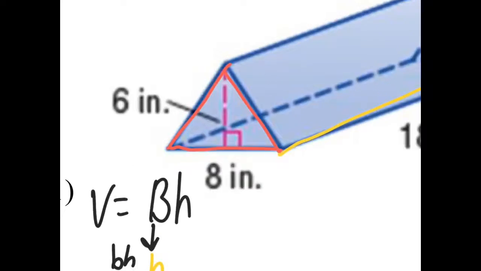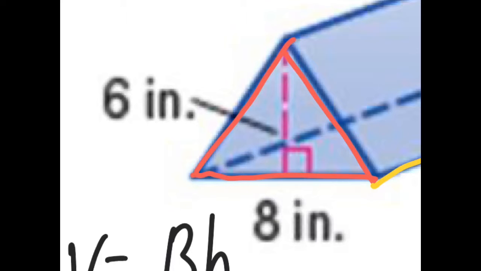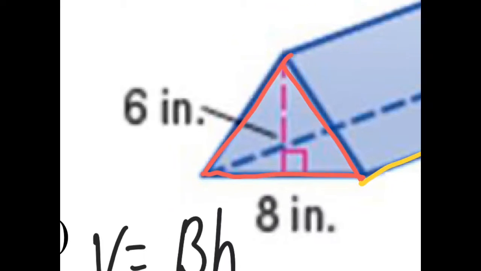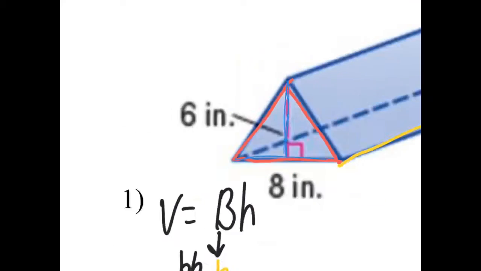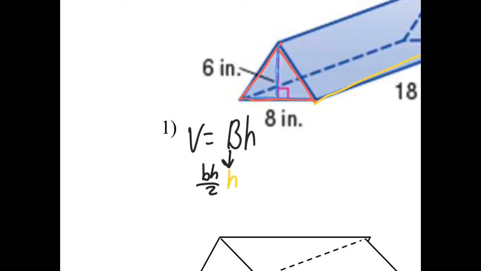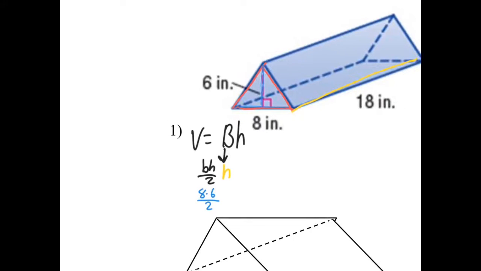Looking at just the triangle, our base is going to be 8 inches and our height for the triangle is going to be 6 inches. So we are going to do base times this height. So base is 8, the height is 6, and again we divide by 2, and now the height of the entire figure is going to be 18.